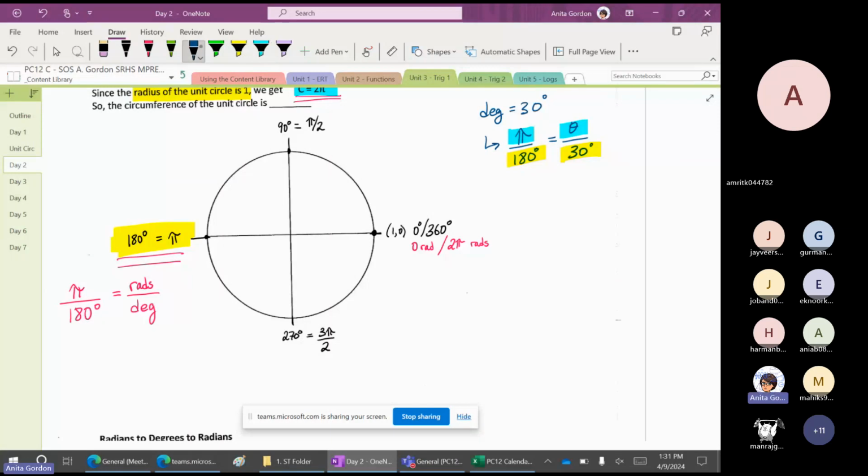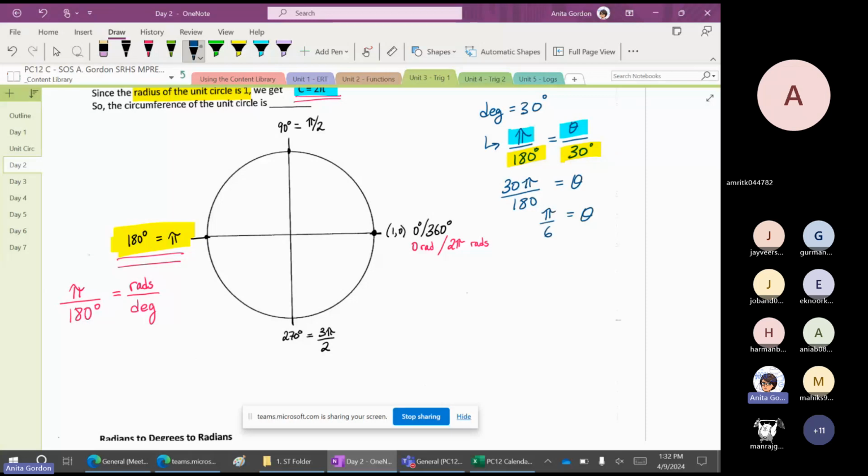Okay, if I were to rearrange this equation, this would give me theta is 30 times pi over 180. How many pieces of pi is this? What fraction of pi is this? Reduce the fraction for me. 30 over 180. 1 over 6 or pi over 6.